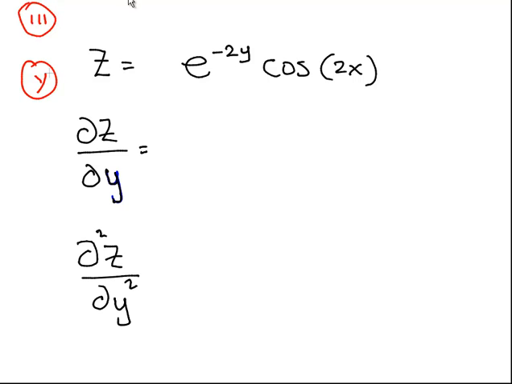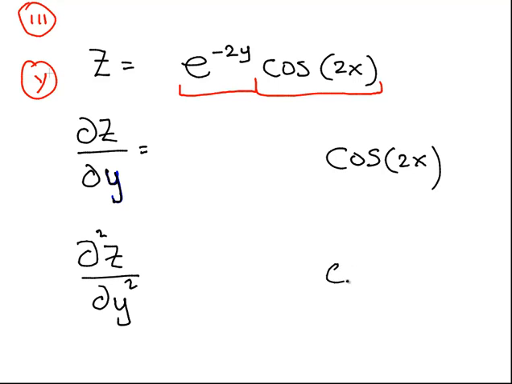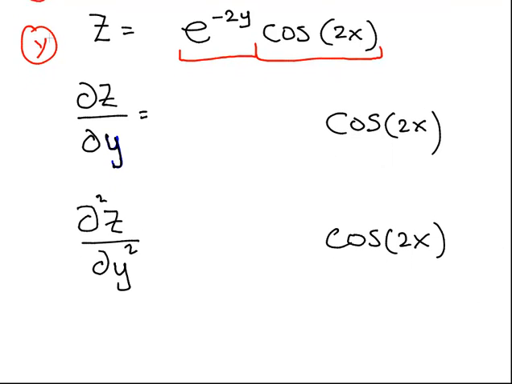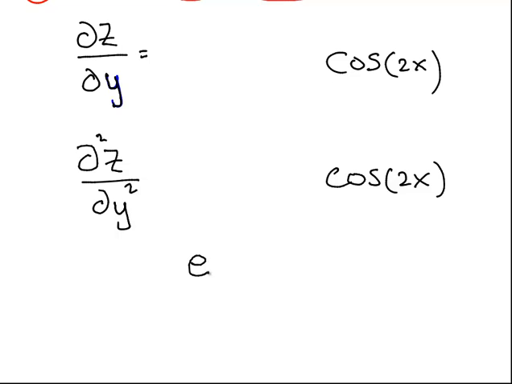Now, what we're going to do again is split our expression up into two. The cos 2x part, we don't do anything with. We just bring it down the whole way through each time, because it's not an expression in terms of y. Now, in general, if we differentiate e to the y with respect to y, it's just e to the y.